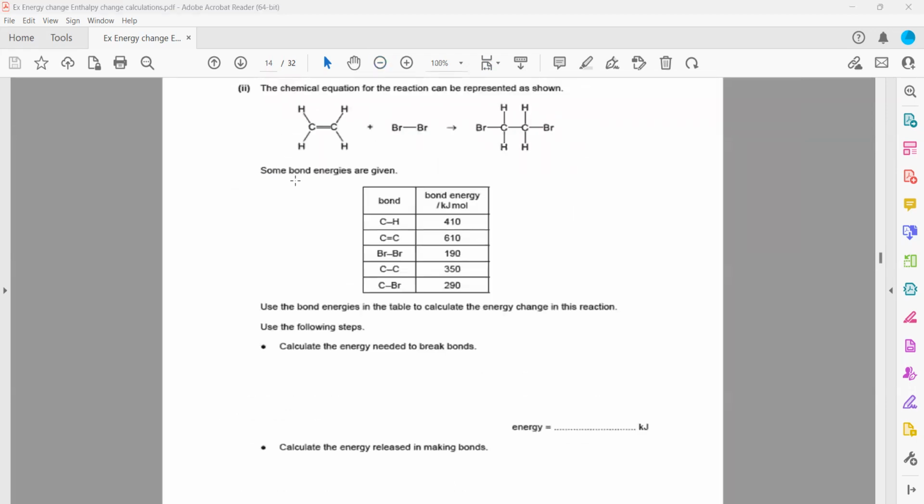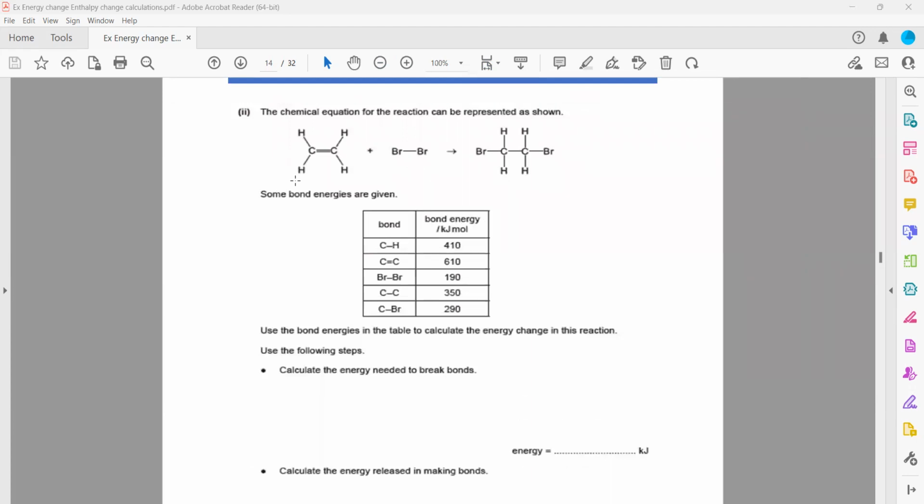The next question, the second part of the question: the chemical equation for a reaction can be represented like this, where the bonds are shown here, along with the bond energies. Use the bond energies to calculate the energy change.